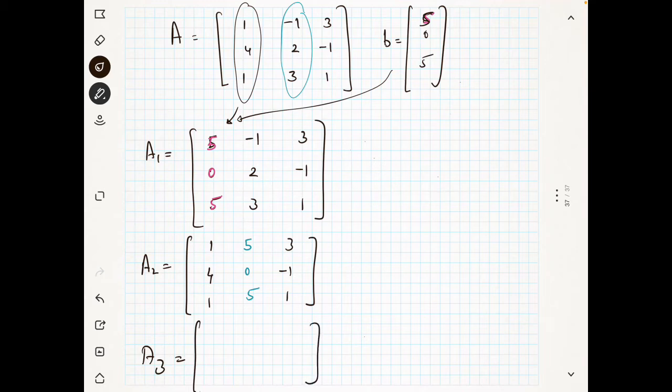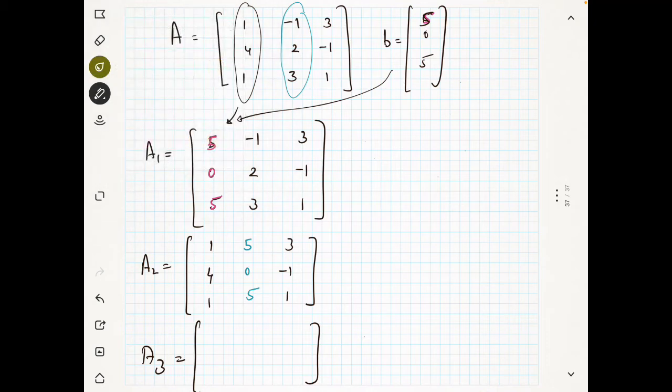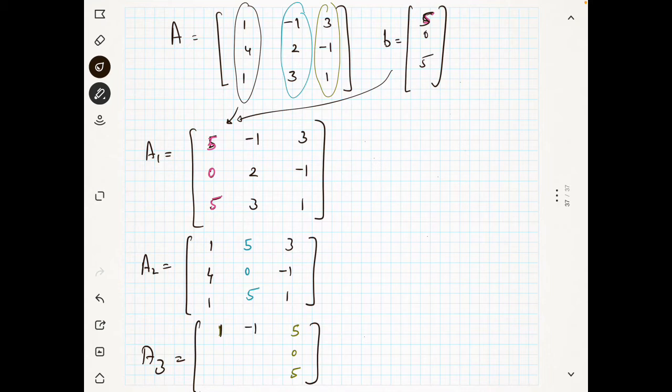For finding A3, this column I am going to replace with 5, 0, 5, and the remaining will be same: 1, 1, minus 1, 4, 2, 1, 3. Only I will be changing those columns.